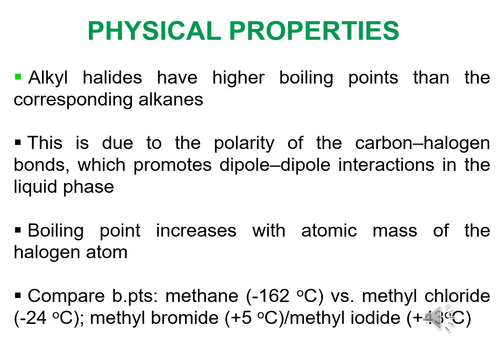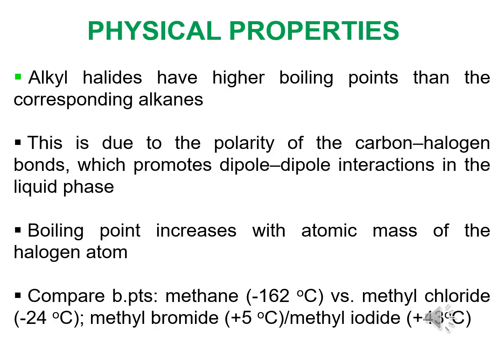So the boiling point of this alkyl halide will increase with the atomic mass of the halogen. So meaning that the higher the atomic mass, the higher the boiling point. Comparing, the boiling point of methane is -162, while that of methyl chloride is -24. So between methane and methyl chloride, the difference is the chlorine.